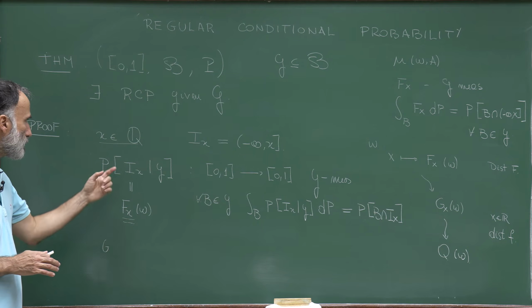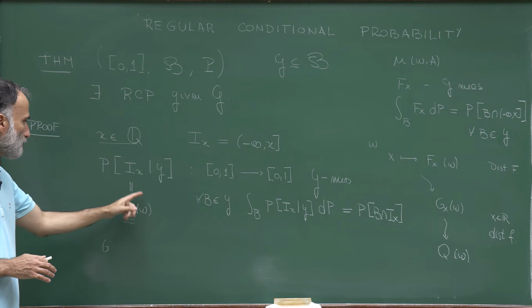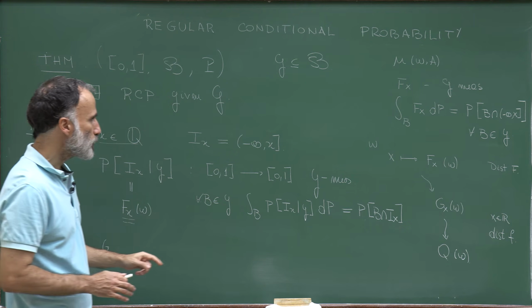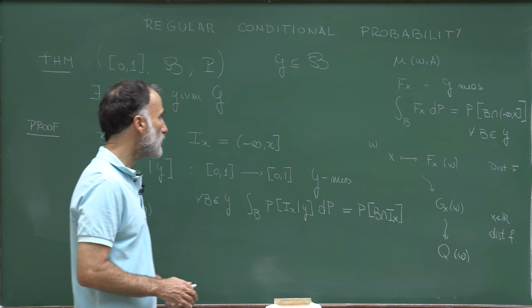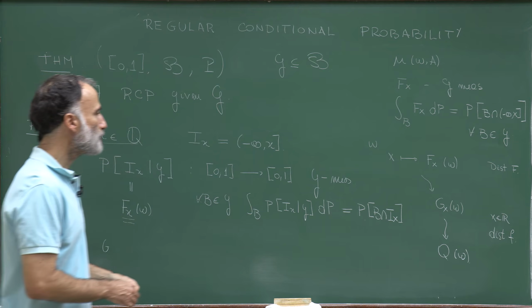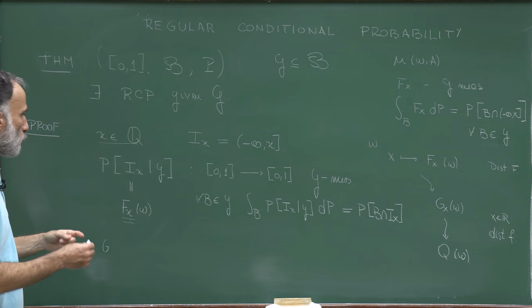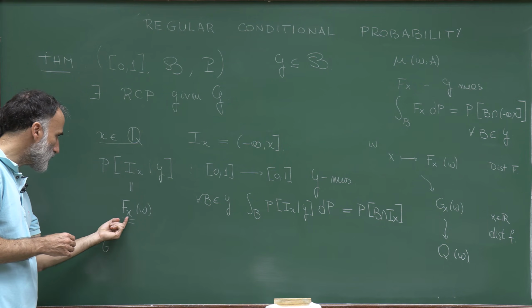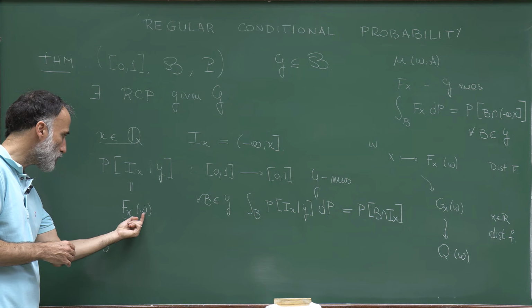So I defined for each rational x this function, which is G measurable and which has this property. And now the idea is that here we fixed x and we consider this object as a function of omega.